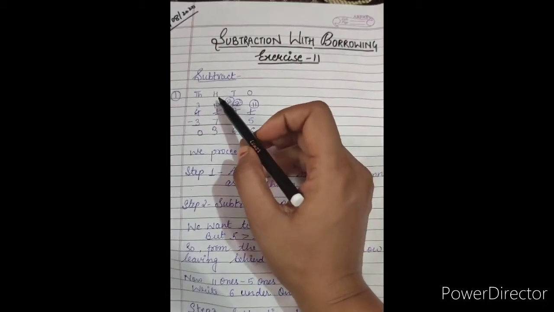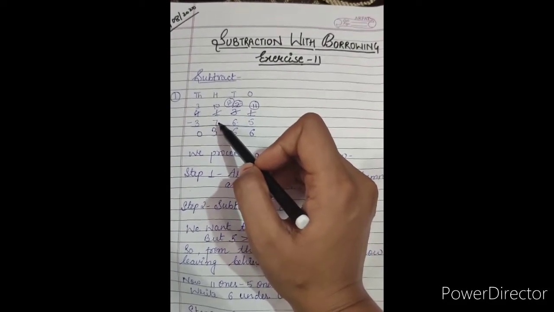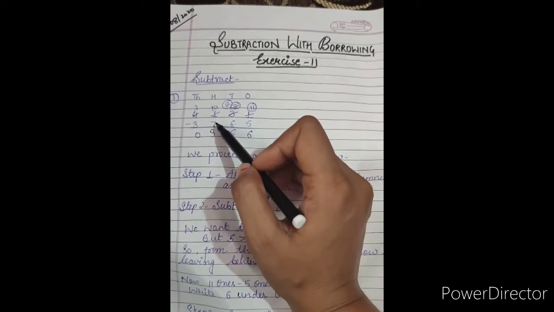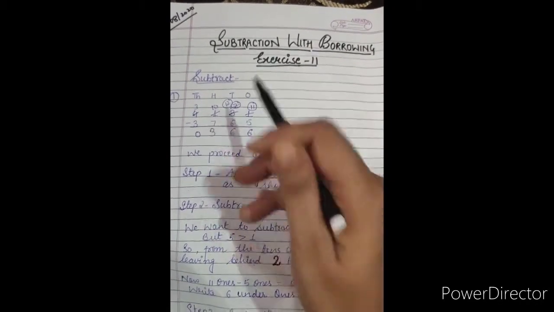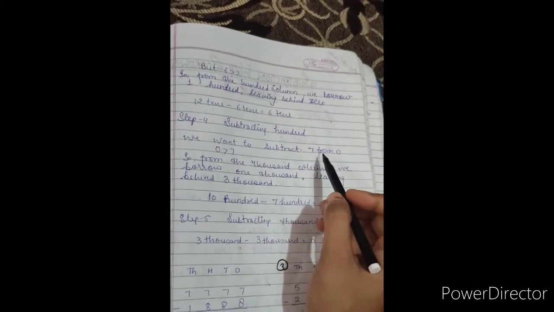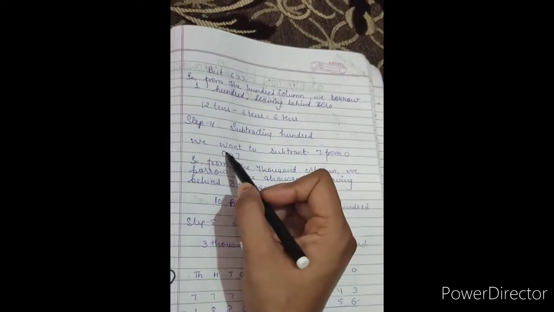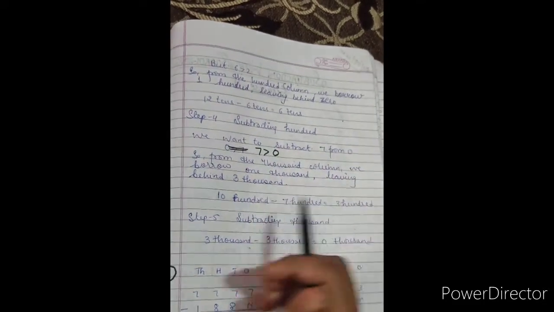Now in the 100 column, this is 0 and this is 7. So we want to subtract 7 from 0, but 7 is greater than 0, right?